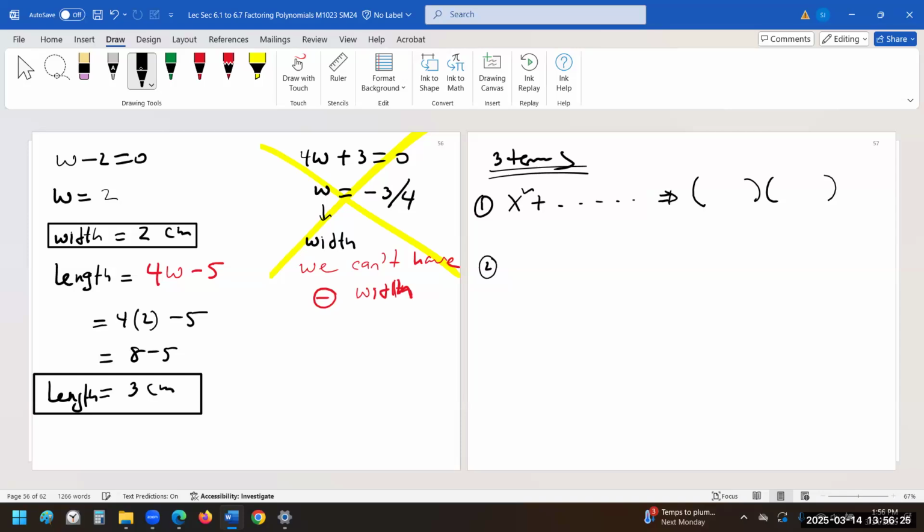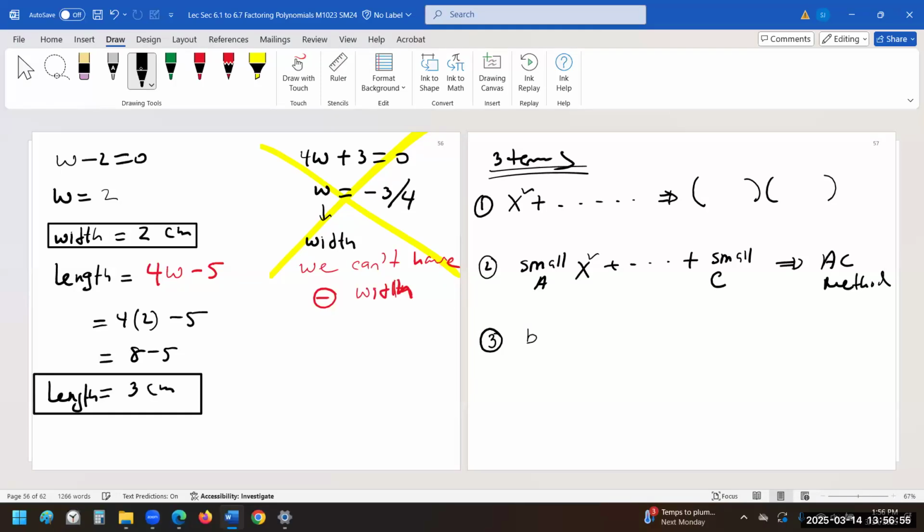Then you have small a and small c, like smaller numbers, not too big. Small doesn't mean 1 and 2. It means a little bit doable, okay? If you have this, that means you need to use the AC method.